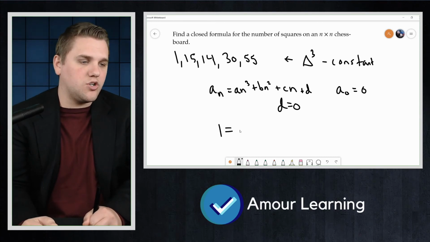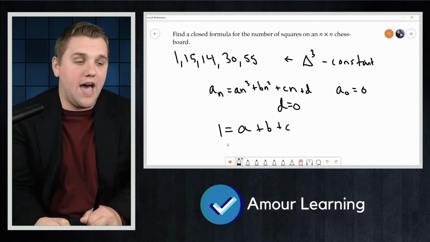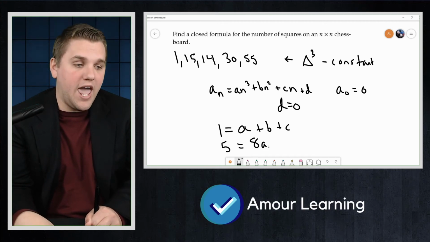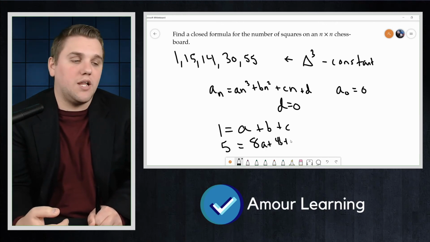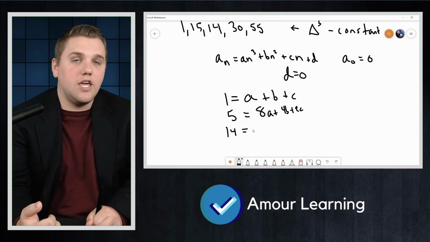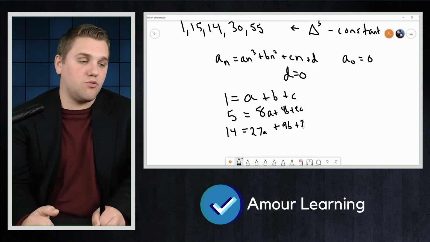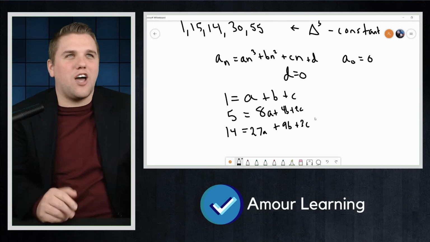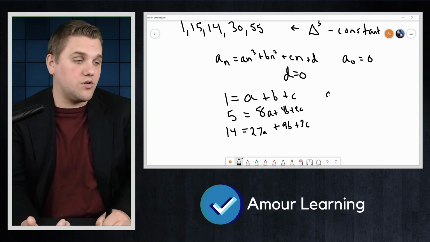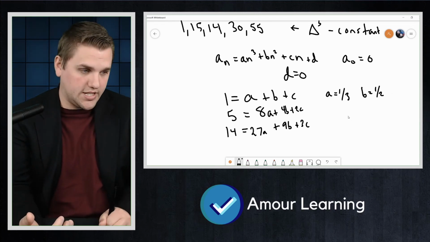First, 1 is equal to a plus b plus c, and then we have 5 equals 8a plus 4b plus 2c, and then 14 equals 27a plus 9b plus 3c. I try to draw it in a little bit of a block. We can solve the system of equations to get a equals 1/3, b equals 1/2, and c equals 1/6.